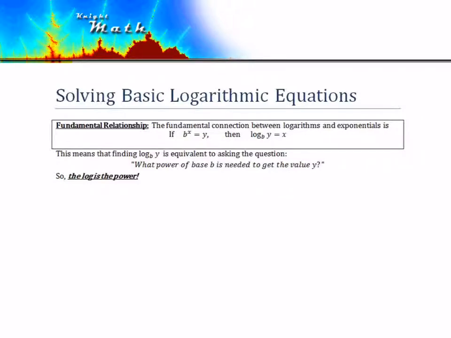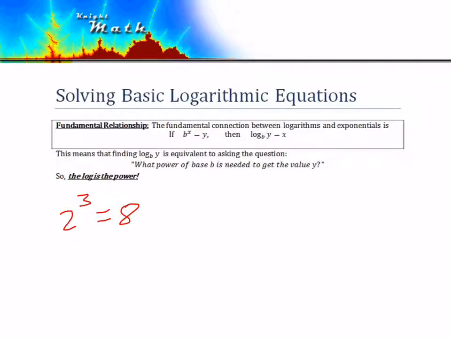A few little examples here. Let's pick a number. 2 to the third is 8. That's something we should be familiar with.